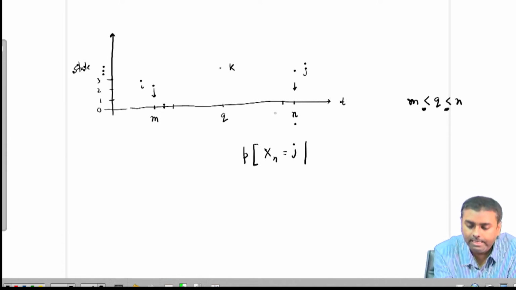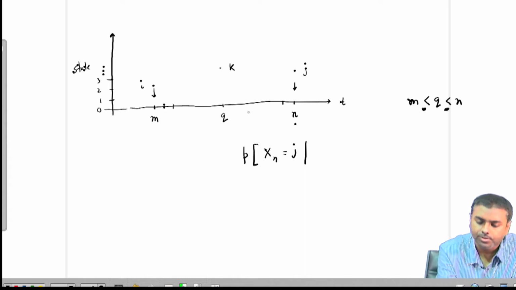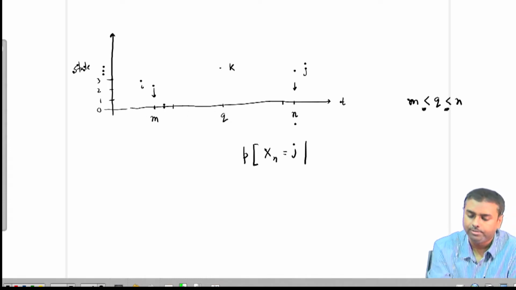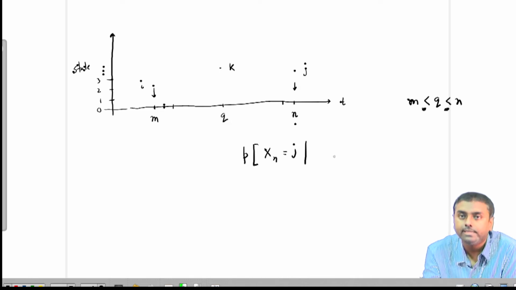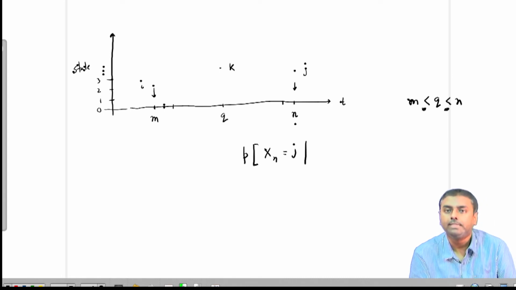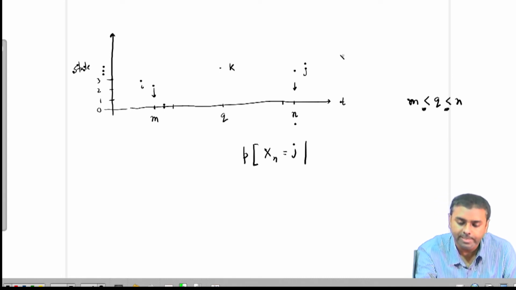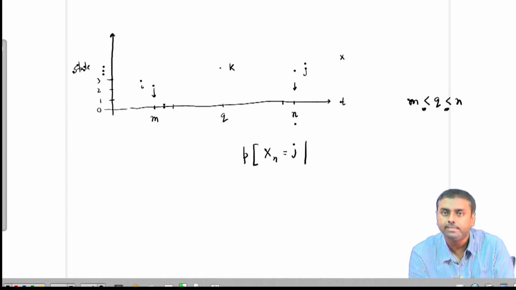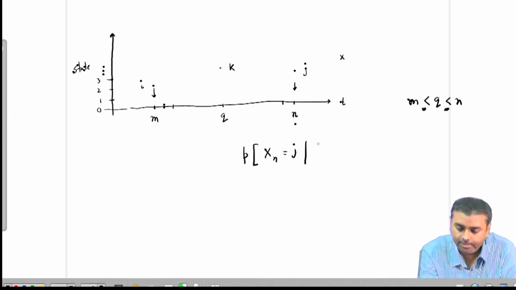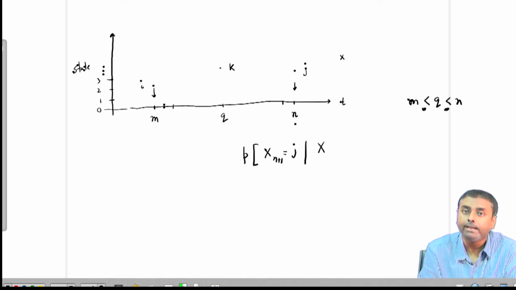I can list all these past events n minus 1, n minus 2, down to q up to m, and keep on listing them. Forget about this picture for the time being. I am just giving an example where I try to describe the event at the (n+1)th time.